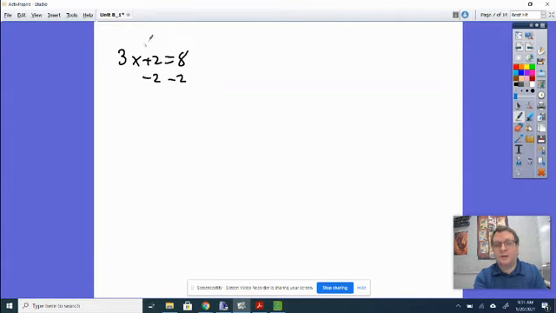You're doing the opposite to get rid of this. And then I'd have 3x equals 6. And remember, multiplication is happening here, and the opposite of multiplication is division. We're just doing the opposite to get rid of something. If I had x squared, like we did on the earlier problems, I would square root it. I'm doing the opposite to get rid of stuff.